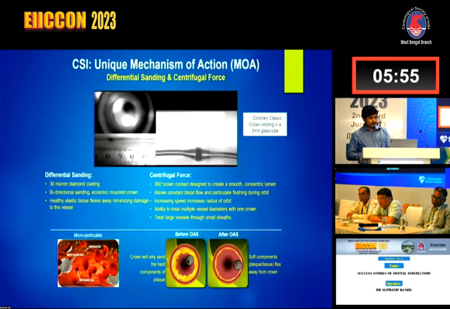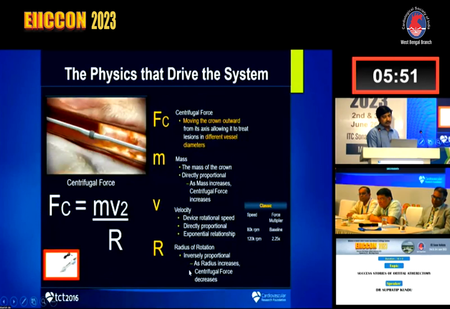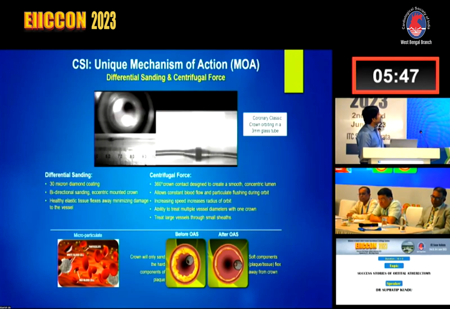This is the situation of the vessel after orbital atherectomy, and you can see how the intimal calcium is smoothed.